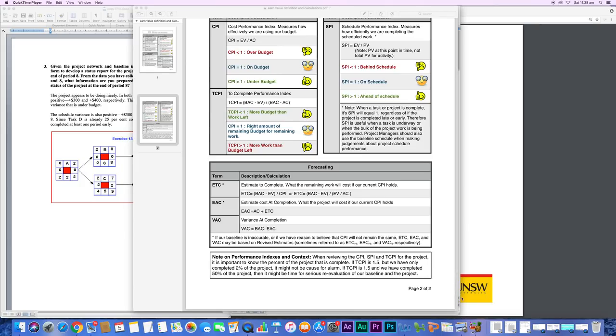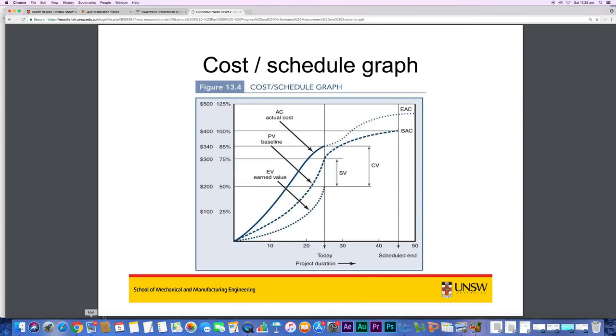But to explain that, it's probably better to go to the slide or to a picture from your textbook. I think it's figure 13.4 in chapter 13, the cost schedule graph. You can also find it in the lecture slides. Here we see everything that's happening. This middle line is what we plan.